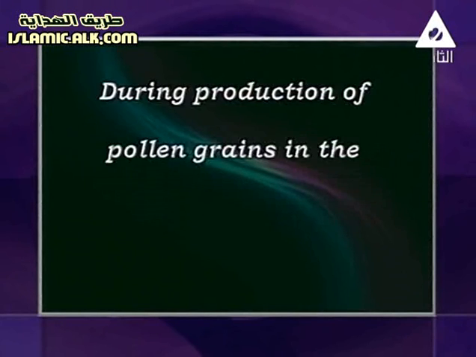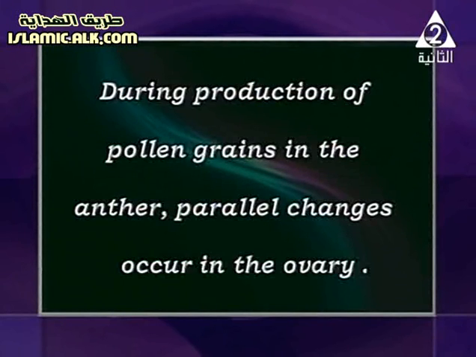During production of pollen grains in the anther, at the same time, they work in parallel, simultaneously together. So there are parallel changes that happen in the ovary of the same plant or of another plant of the same species.